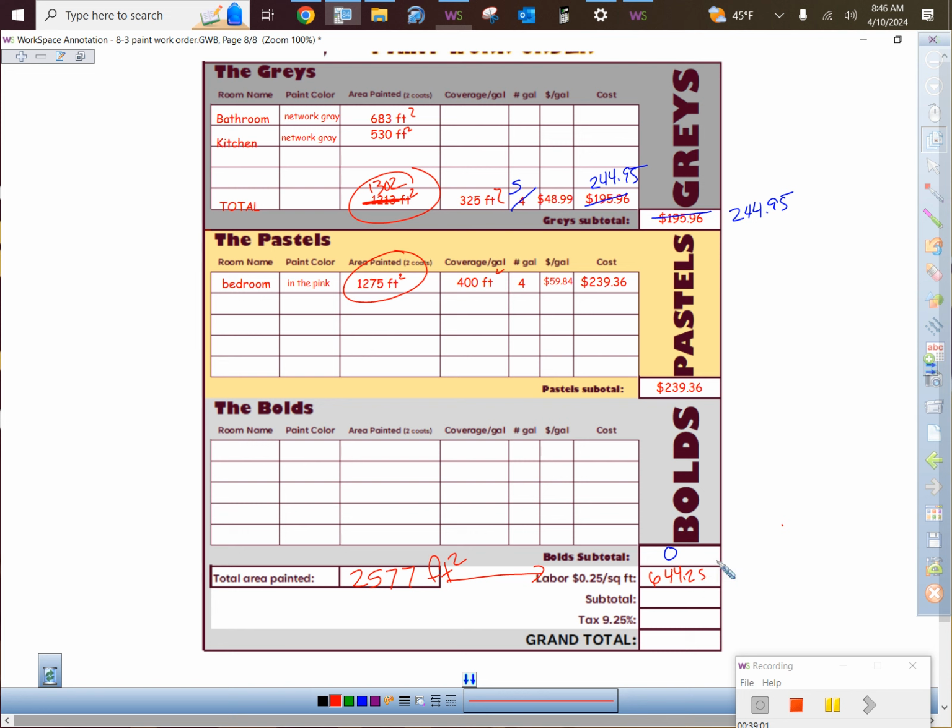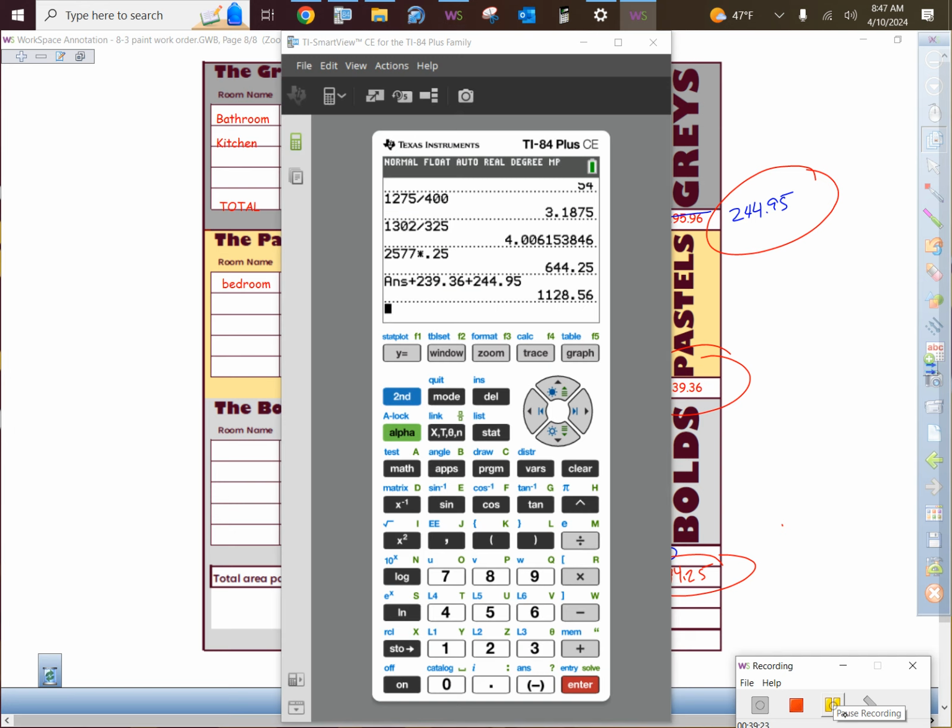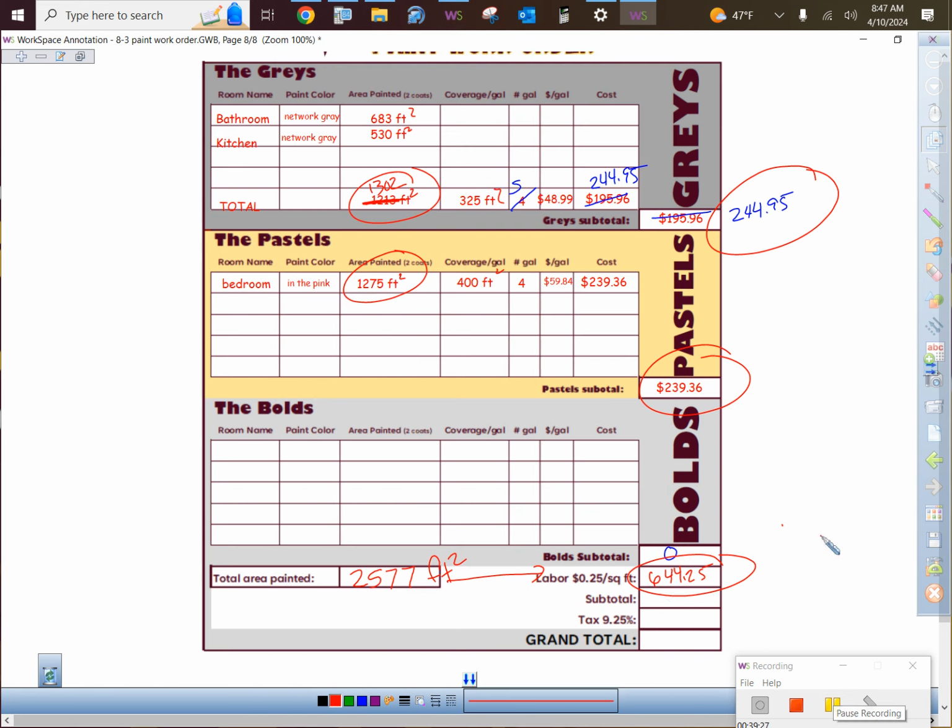And then the subtotal, you add this and this and this together. You're just adding up straight down the list. Adding them all up. So my subtotal is wrong because I had a mistake. So I added all those guys up and got $1128.56.